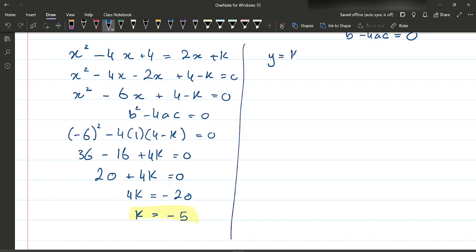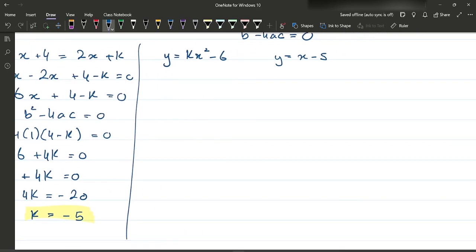y equals kx squared minus 6, then y equals x minus 5. And this has two distinct points. So b squared minus 4ac, two distinct points, so that means it is greater than 0. Okay, so now let's quickly do this again. kx squared minus 6 equals x minus 5. kx squared minus x minus 1 equals 0.